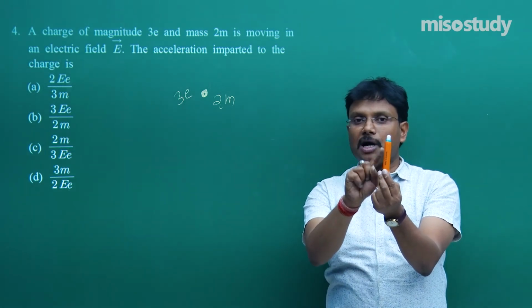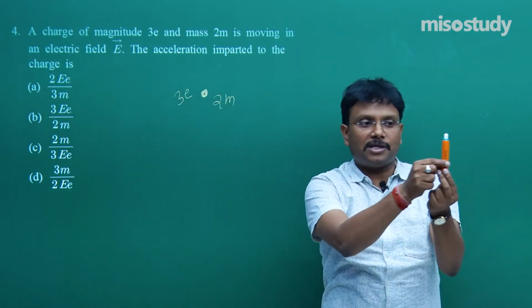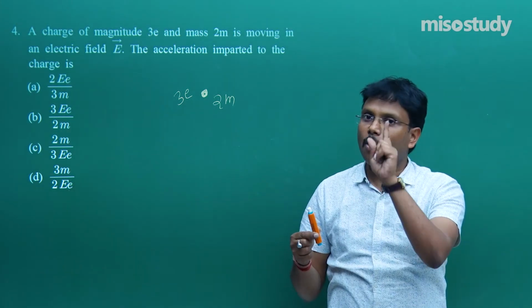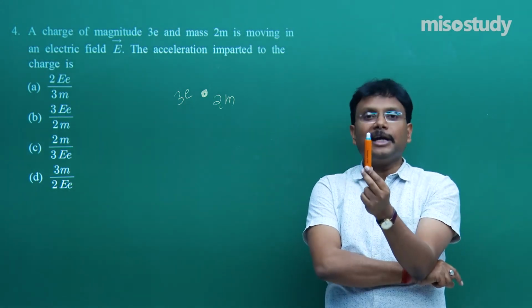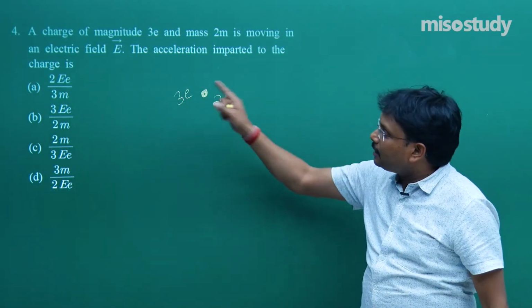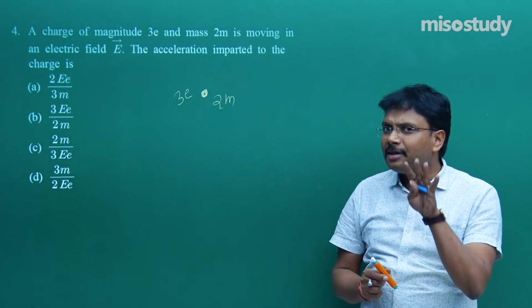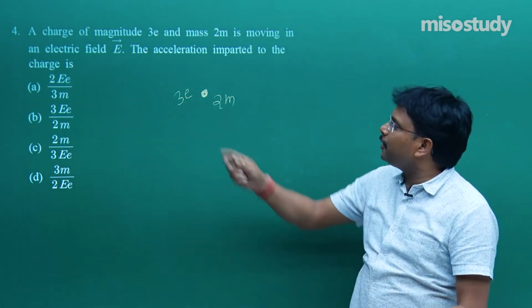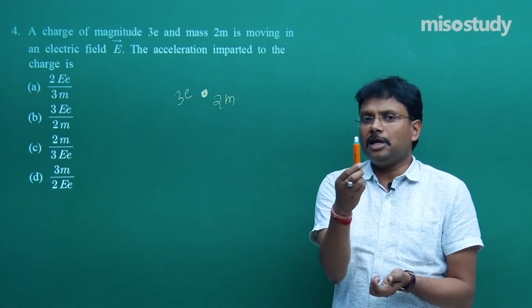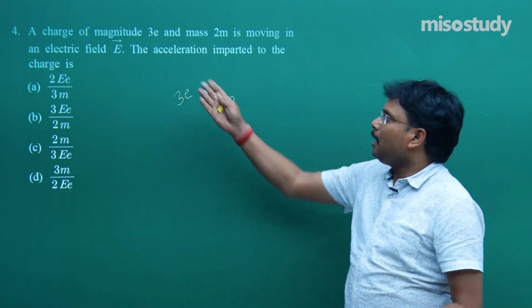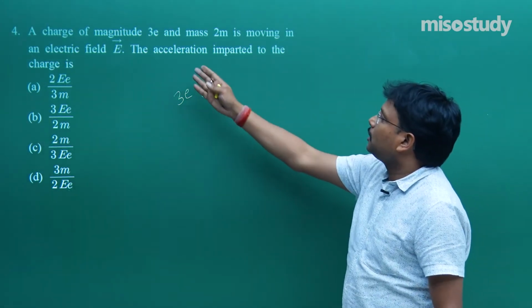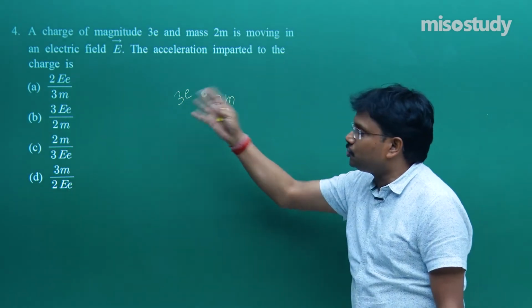This positive charge has the tendency to start accelerating along the field lines. Fact number 1. If it is a negative charge, what will it do? Reverse to the field lines. So ultimately an acceleration will come into the picture, even if it is not given in the problem. This is something very clear to you from the basic understanding, but they simplified your problem itself by giving in the question the acceleration imparted to the charge.